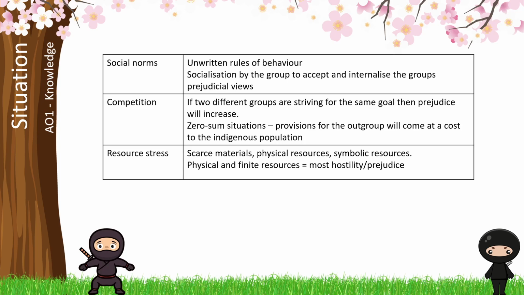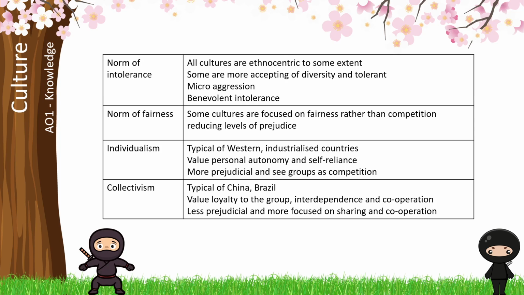Equally within these, we need to be really clear about how this is linking to prejudice, and prejudice being the outcome of these views. Our other factor then is culture. Within this, we're going to talk about different cultural norms, broader than a specific group.